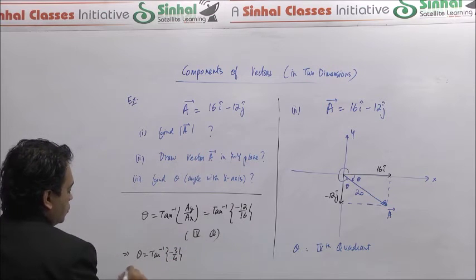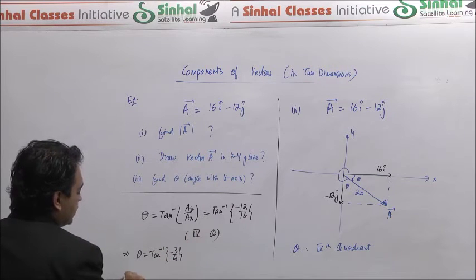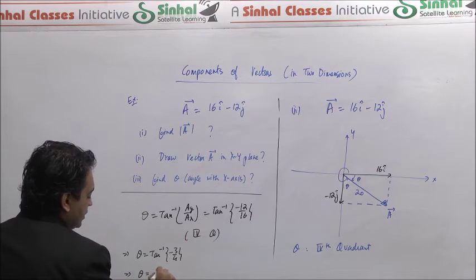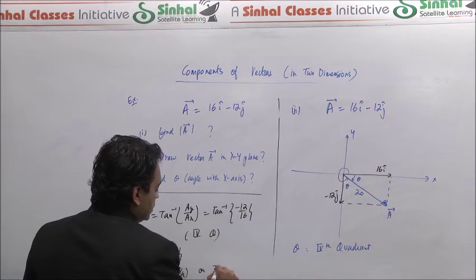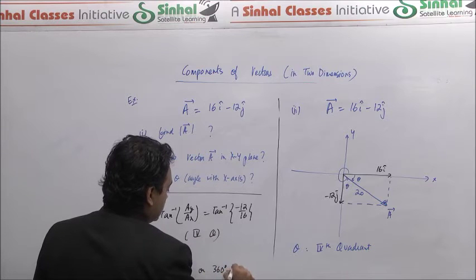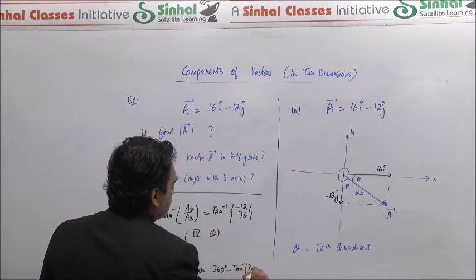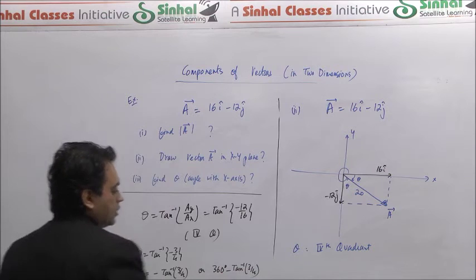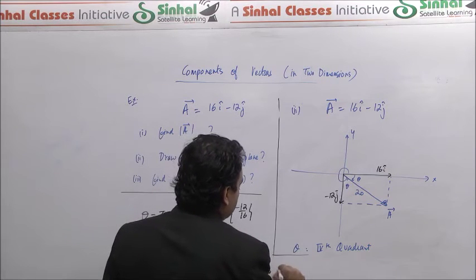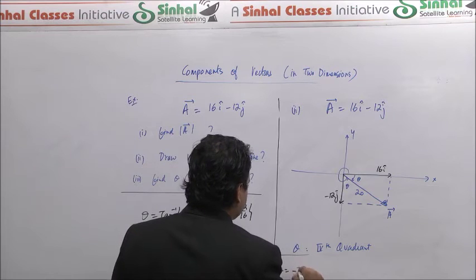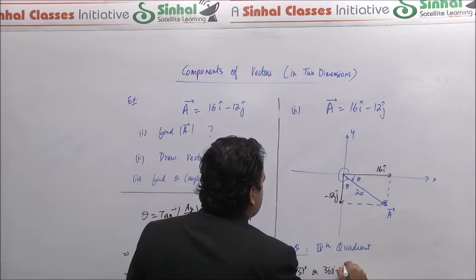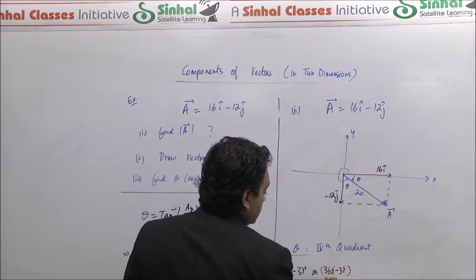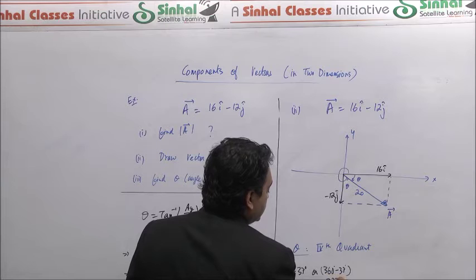Because it is in the fourth quadrant, we can say that theta is minus of tan inverse 3 by 4. Or we can say that theta is 360 degrees minus tan inverse 3 by 4. So that basically shows us that theta can be expressed as either minus 37 degrees or 360 minus 37, which is 323 degrees.